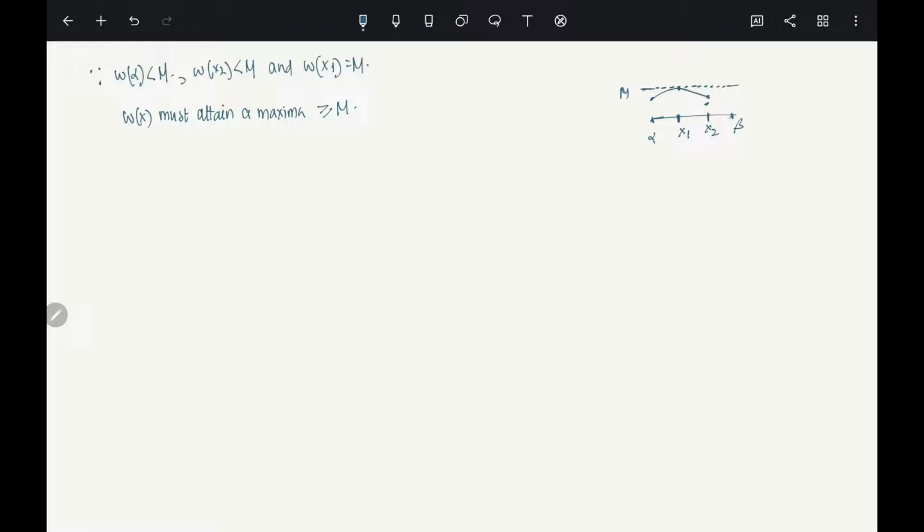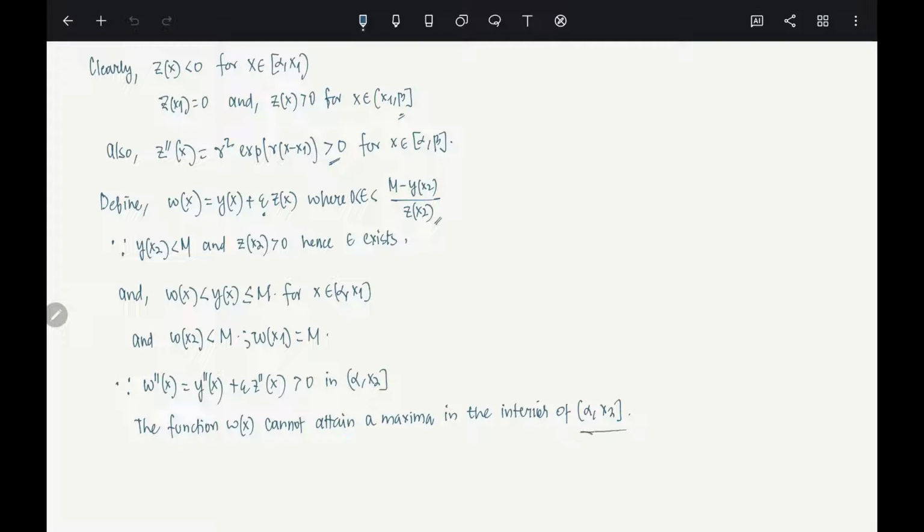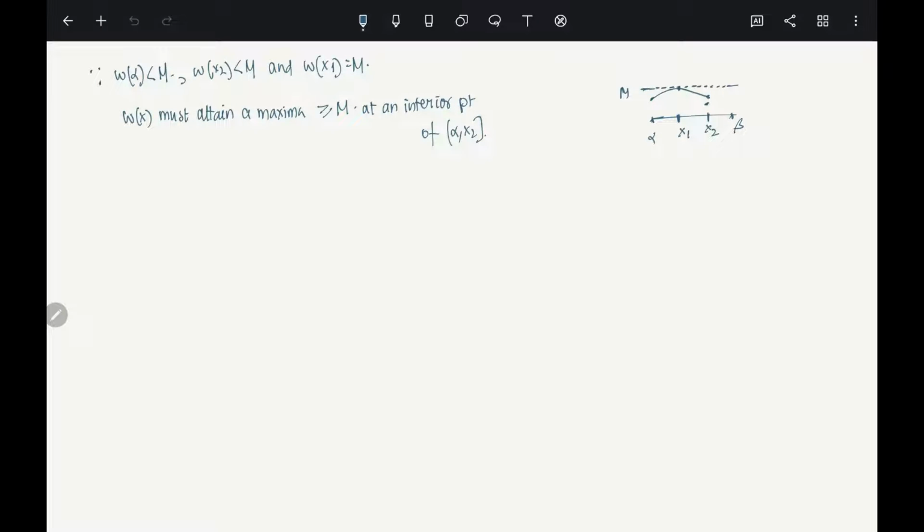It has to be at an interior point of alpha x2. Between alpha x2 there is a point where it is taking at least m, so the maxima is greater than or equal to m. So this is a contradiction, right? Because we just showed that W of x cannot attain any maxima in alpha x2, and here we are showing it has to have a maxima between alpha x2. So that's a contradiction.